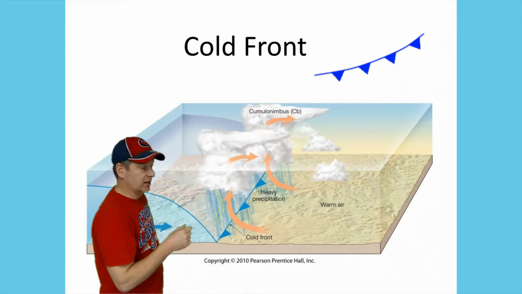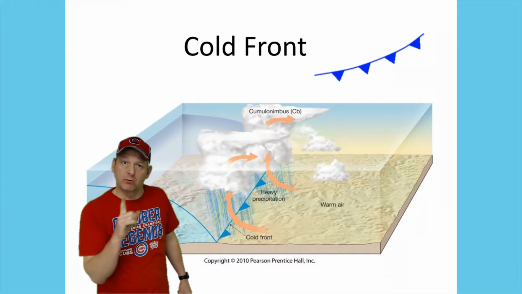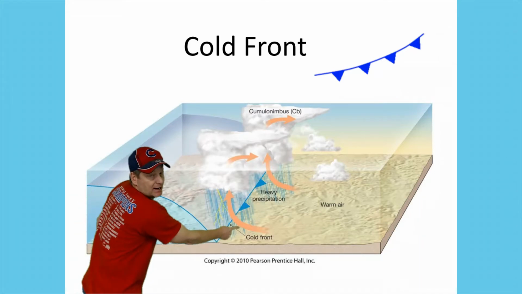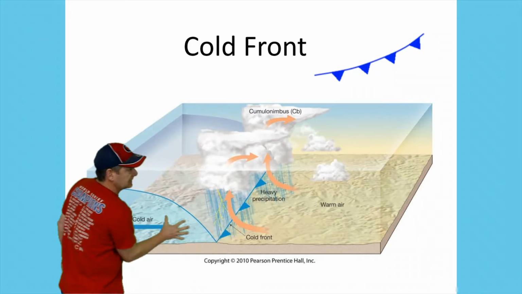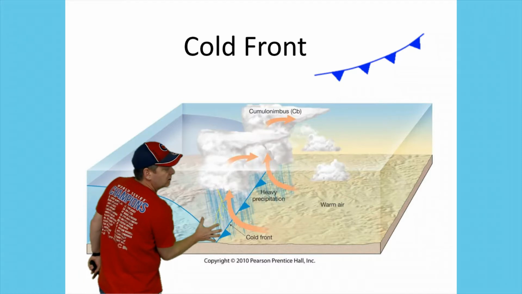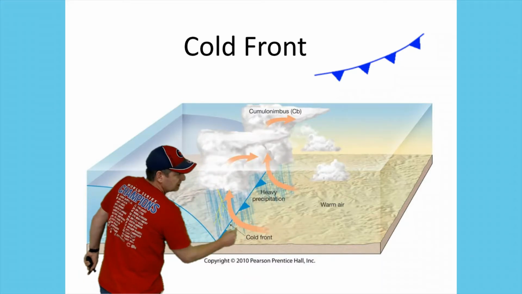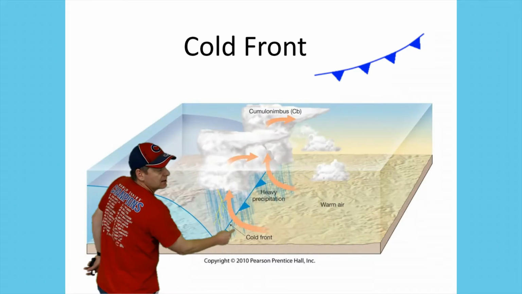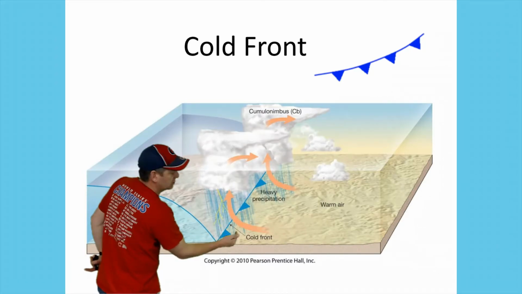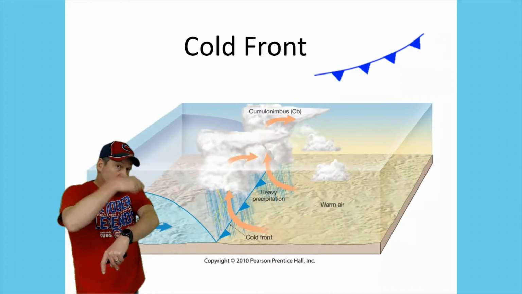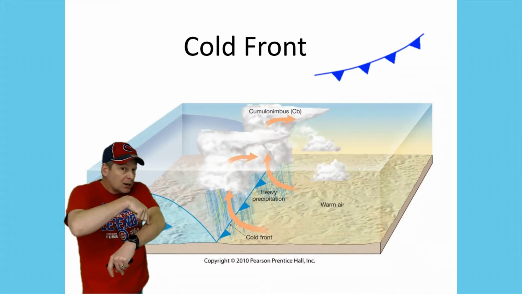Here's an interesting thing. Some of you have probably witnessed this before, but if you were standing about right here and it was nice and warm, as this comes in, the one thing you're going to notice is that the wind will start picking up. And as you get closer to this point, this will end up being a low pressure area. And so that means air is rising. You remember low pressure moving up, going down is high pressure.